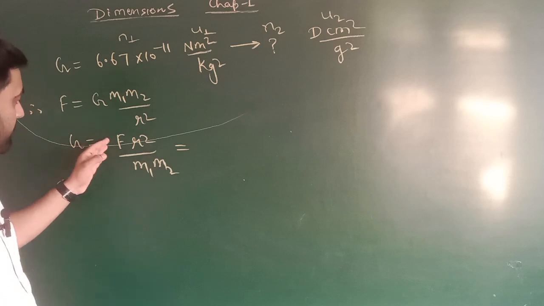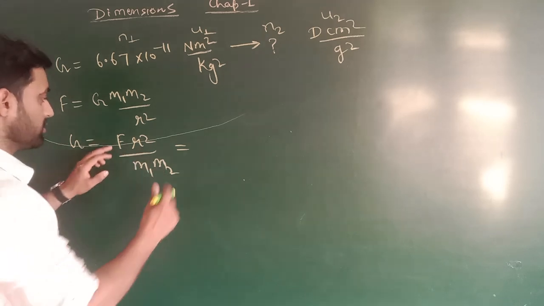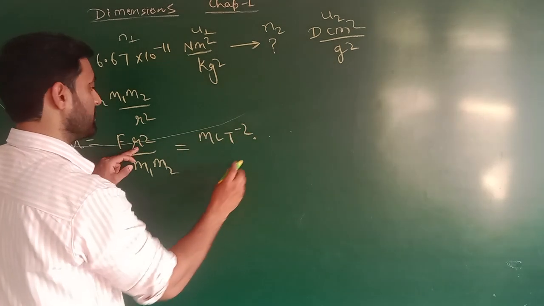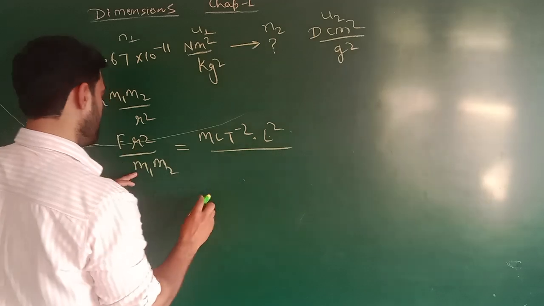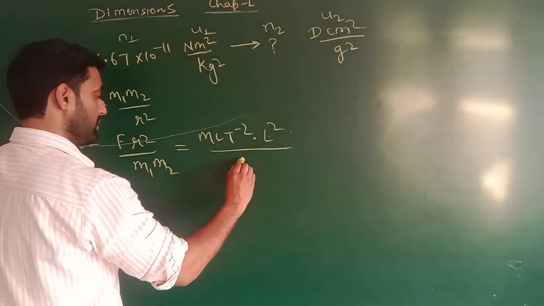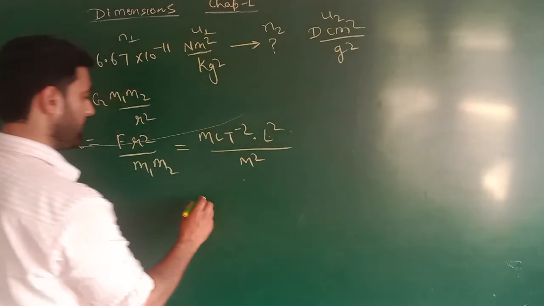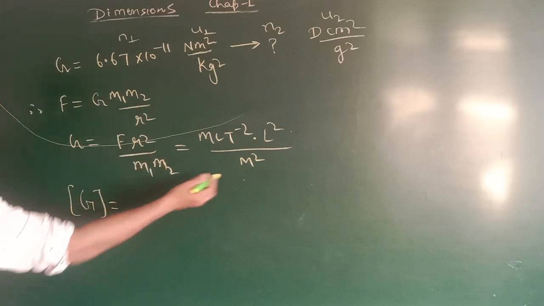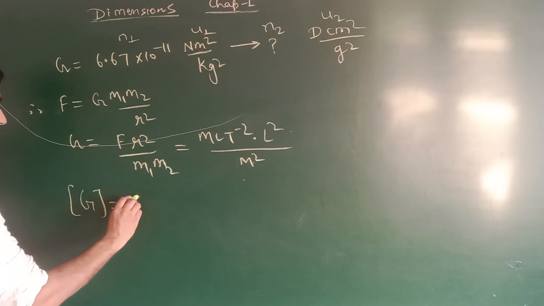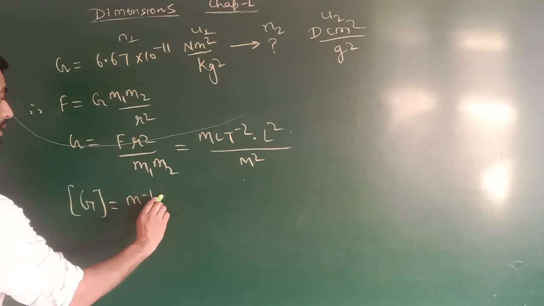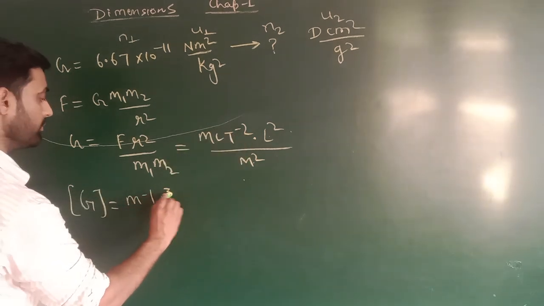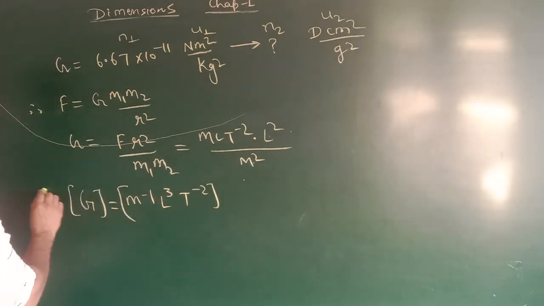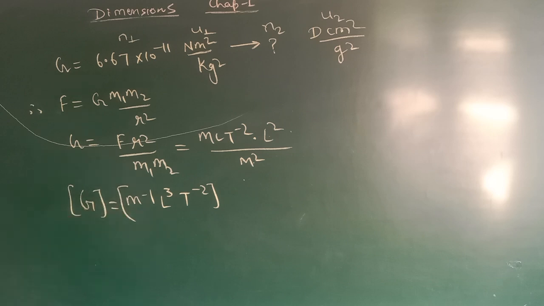So the dimensional formula of force is M L T minus 2 into radius square, meaning length square, divided by mass into mass, meaning M square. So the dimensional formula of G is M power minus 1, L cube and T power minus 2.